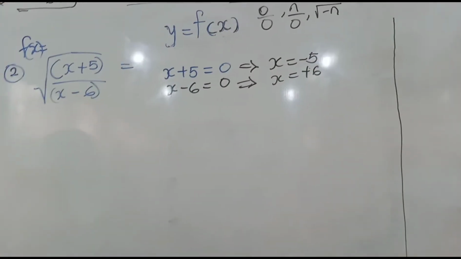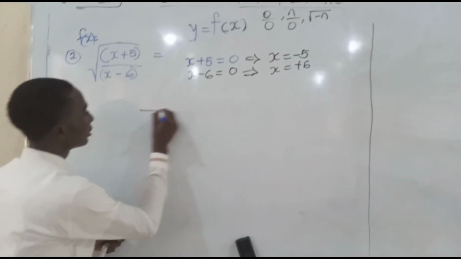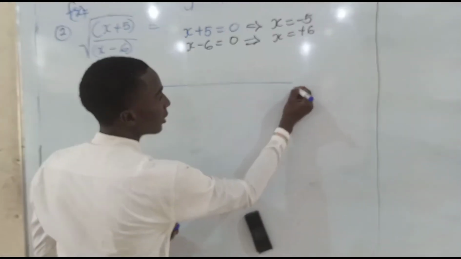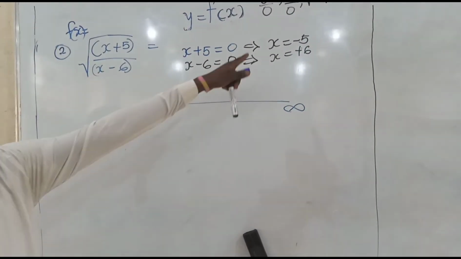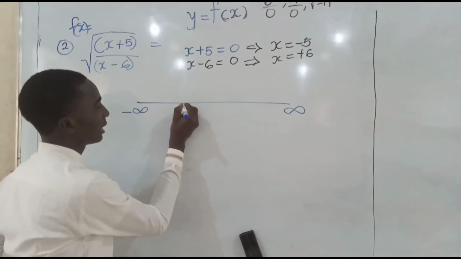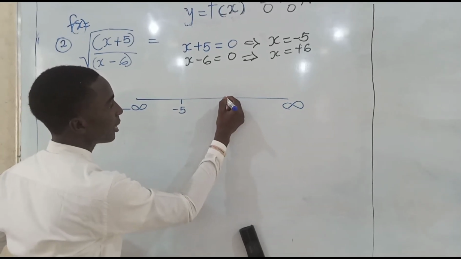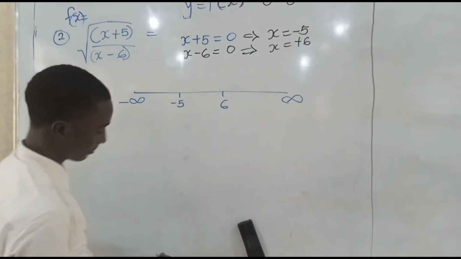So quickly, we are going to draw our number line. Here I'm having negative infinity, here I'm having positive infinity. The first here is negative 5, and here also is positive 6.